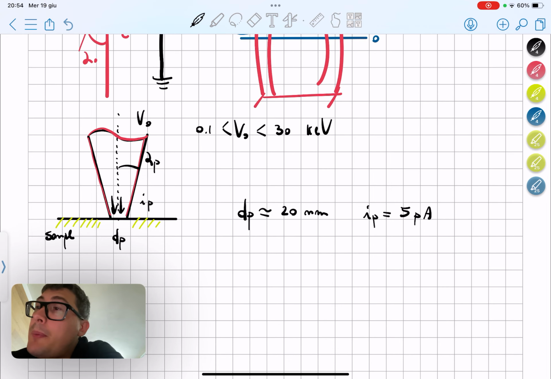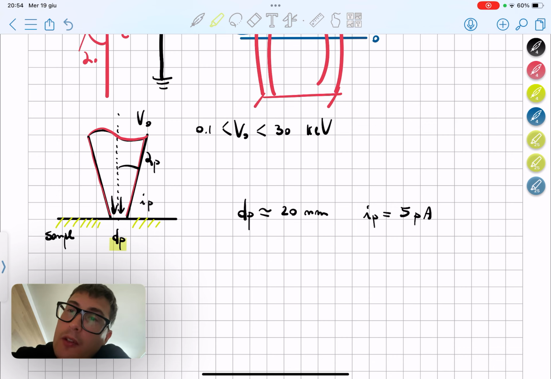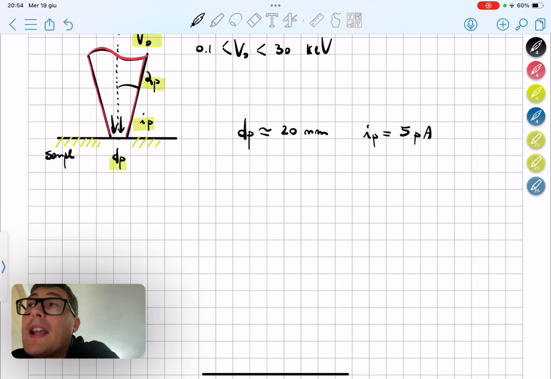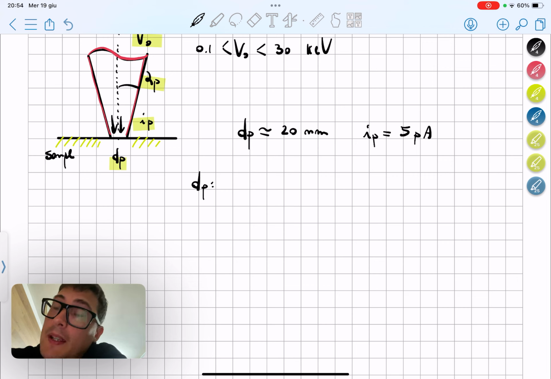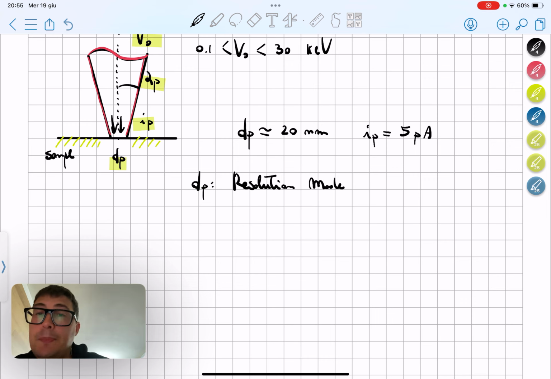To each of these four parameters corresponds a specific mode for running the SEM experiment. For example, dP is known as the resolution mode. I anticipate already that this mode works with a small spot size, but not the smallest.